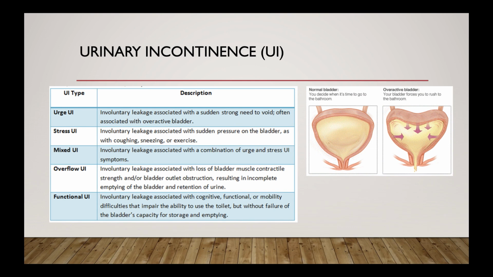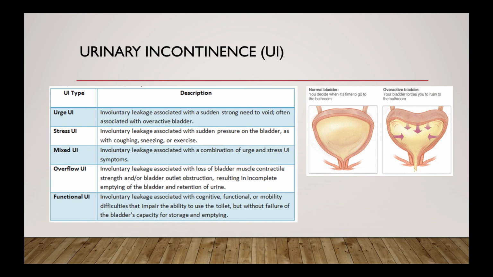Urinary incontinence can happen with irritation from a urinary tract infection where the bladder spasms from it, or we just have bladder spasming for neurogenic reasons, a diagnosis of overactive bladder. The different types of urinary incontinence are listed there on the left. There's a whole multitude of them.